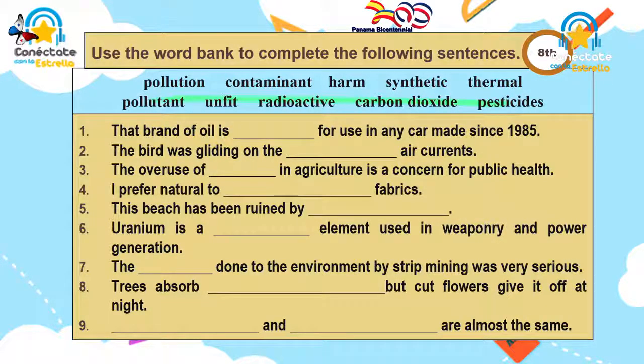Okay. So basically, what we can say is that when there is the presence of pollutants in the water or in the air or in the lands, that damage that area, we can call pollution.